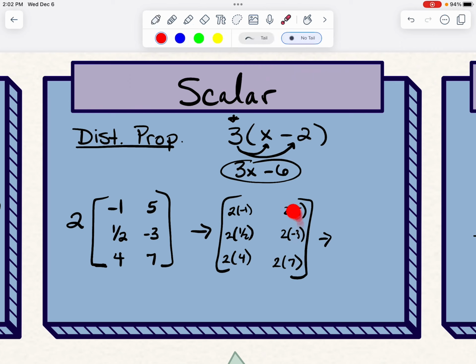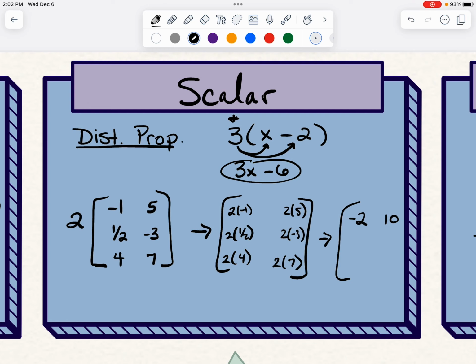And this step right here is one that I usually skip as far as writing all of this out. I just go through and I'll say, hey, 2 times negative 1. Well, that's going to give me a negative 2 in this first location of the matrix, row 1, column 1. And then I'll say 2 times 5 is 10.